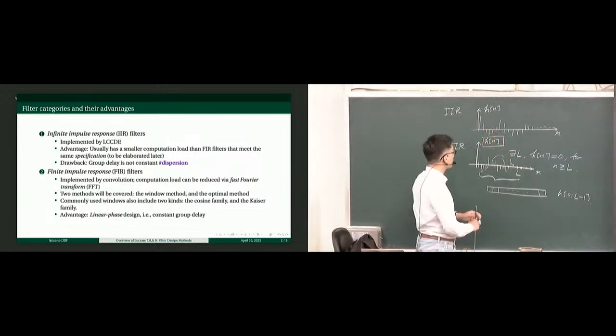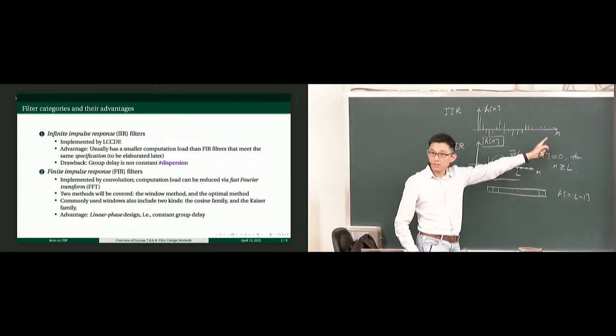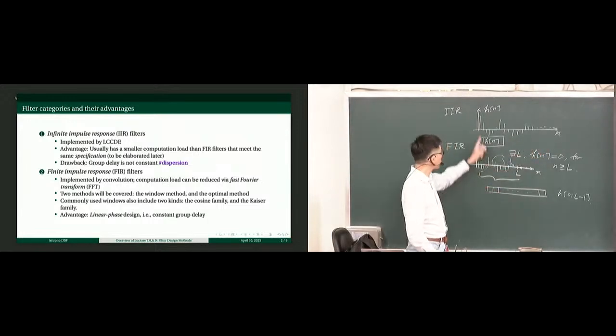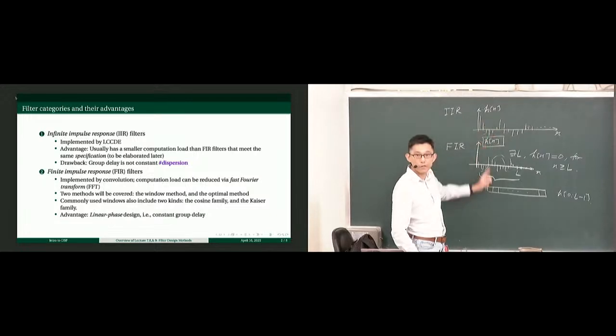Whereas for IIR filters, you cannot store all the samples because the duration is infinite. It's not possible to store all the samples of an IIR impulse response; you don't have the memory.